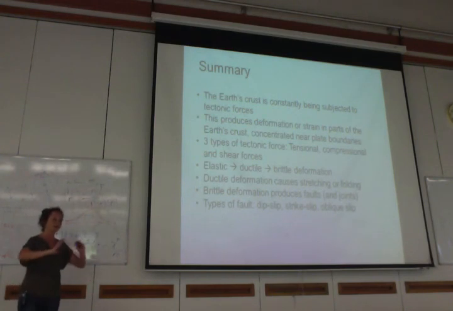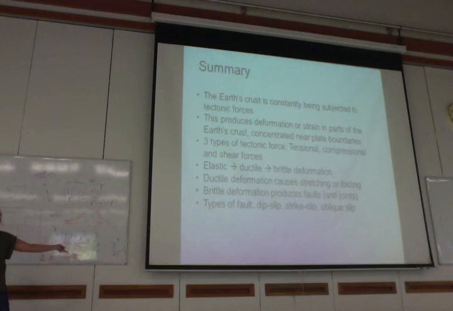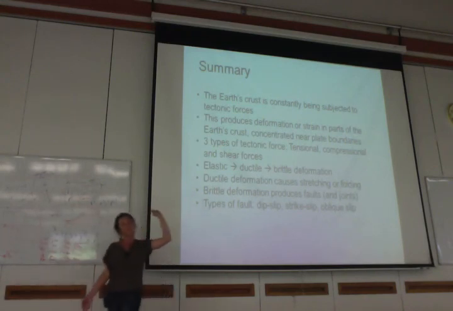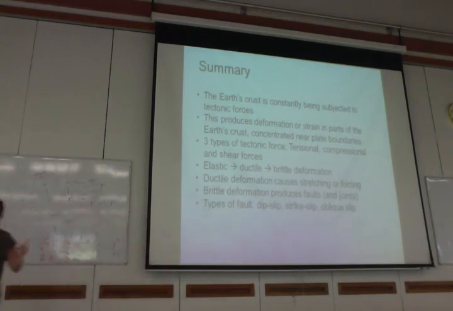If you apply a stress and it returns to its normal shape when you remove that stress, we're not going to see evidence of it, so that's not important to us. But we can see evidence in the rock record of ductile deformation and brittle deformation, and by studying those features we can tell the types of stresses that the Earth's crust has been subjected to in the past.